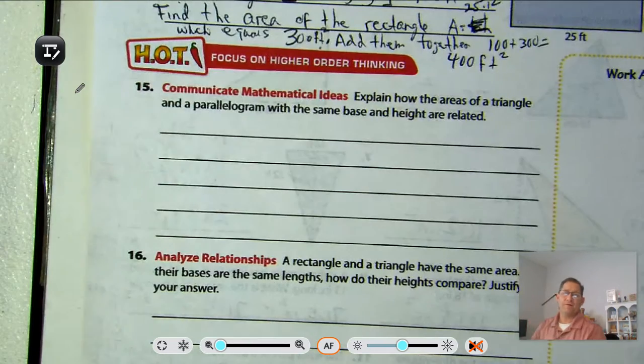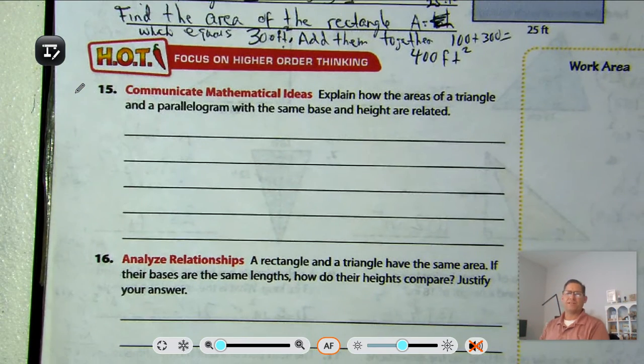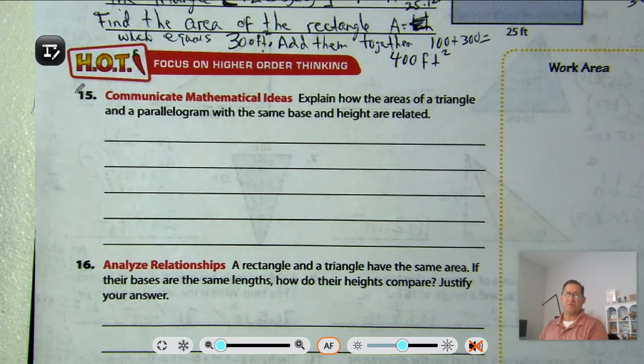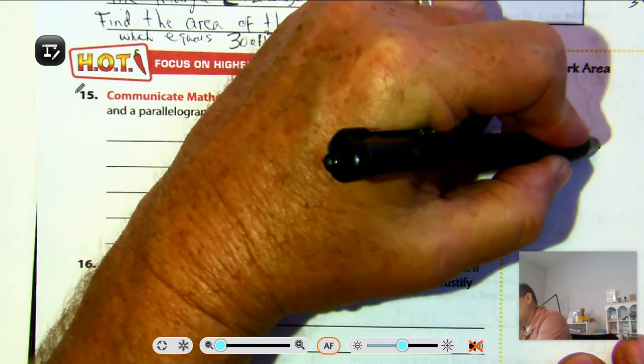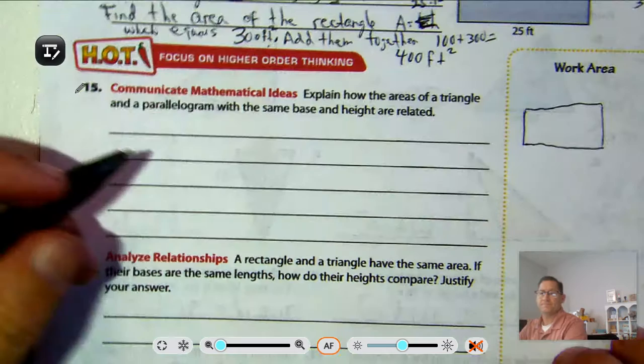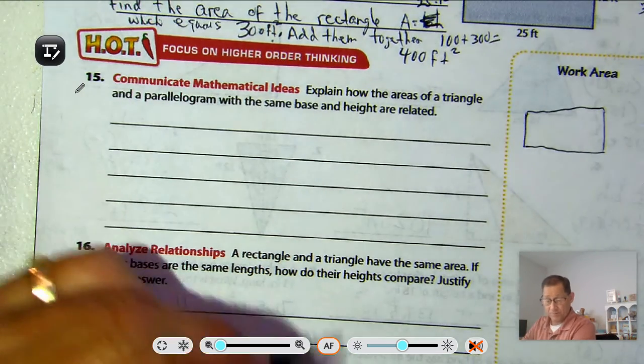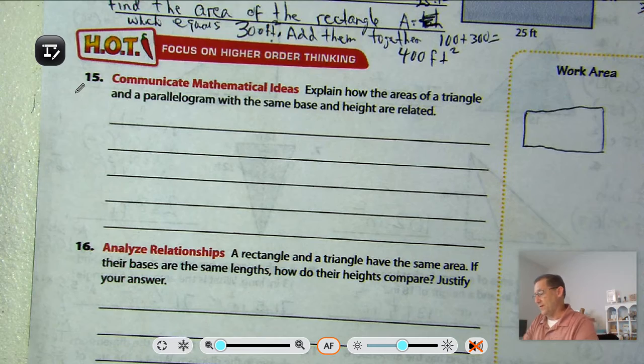All right, number 15. Explain how the areas of a triangle and a parallelogram with the same base and height are related. Well, okay, so remember we started this lesson with drawing a rectangle? That's a terrible rectangle, by the way. I can do a better job than that. Sorry.